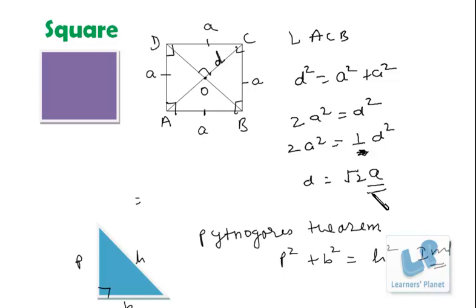So these are the basic terminologies related to a square, and we will be discussing problems and more properties whenever they are required. Just keep one thing in mind: a square can inscribe a circle. That means we can draw a circle that touches all the four sides of the square. I just show it over here.